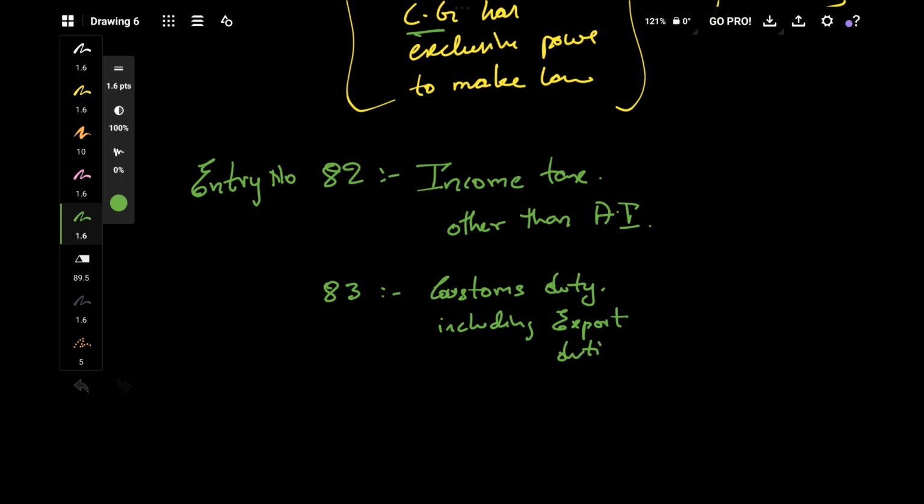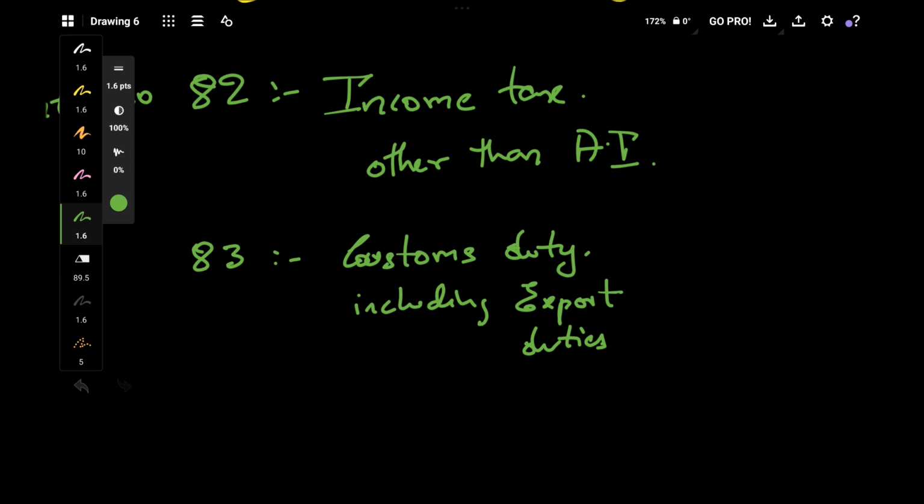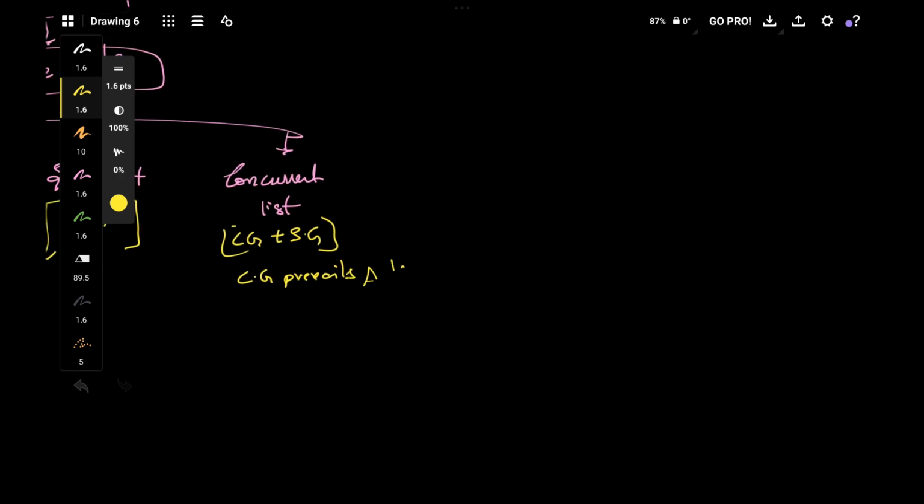Export duties. So I have another question right now. What is this duty now? We are clear with law, we are clear with act and all, but now I'm confused with this. What is this duty now? Okay, duty is nothing but a form of tax.